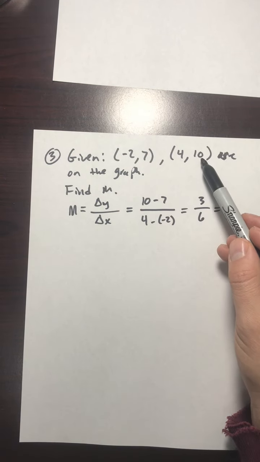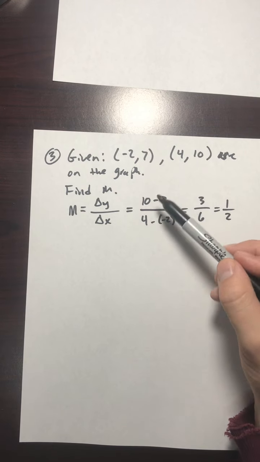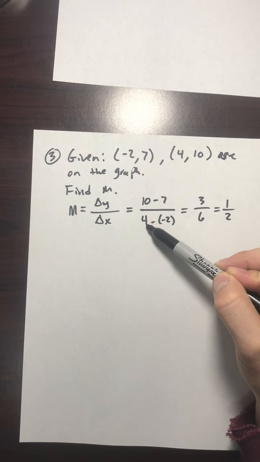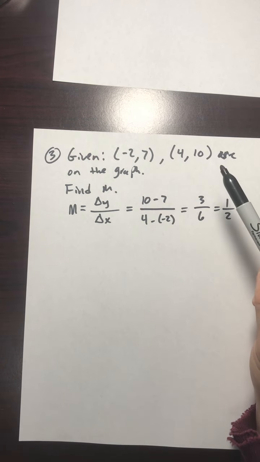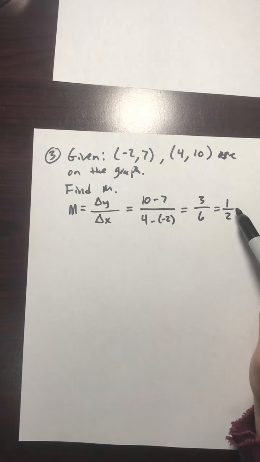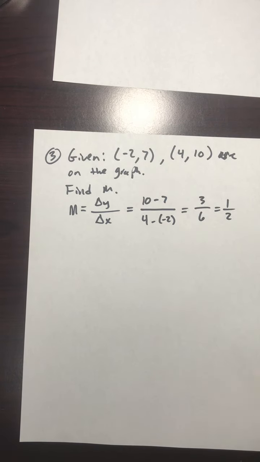So if you pick 10 to be right here, then the x value from that ordered pair has to be right here also. You can switch these around, so you're going to end up with the same thing. Since the slope between any 2 points on a line is the same, it'll always reduce to 1/2. So for this line, we have a slope of 1/2.